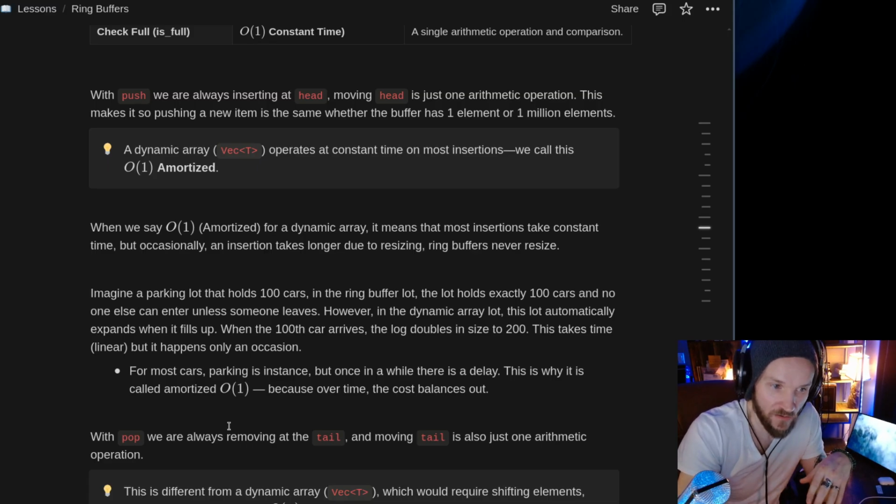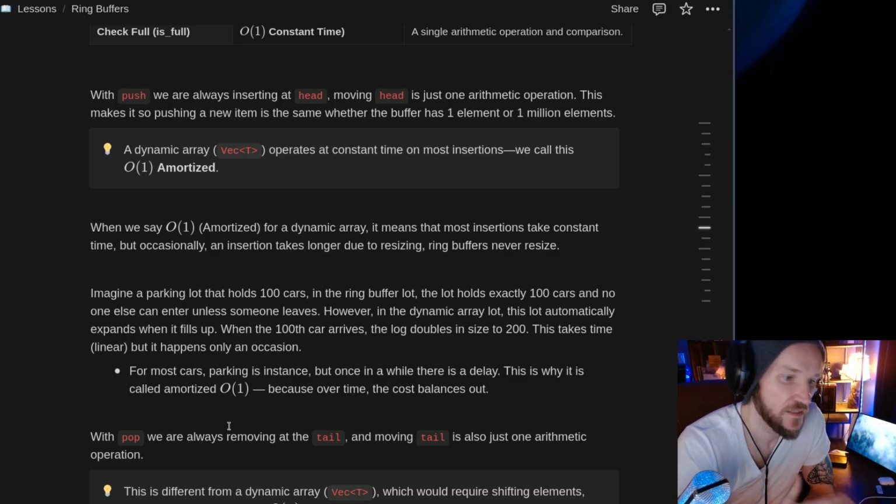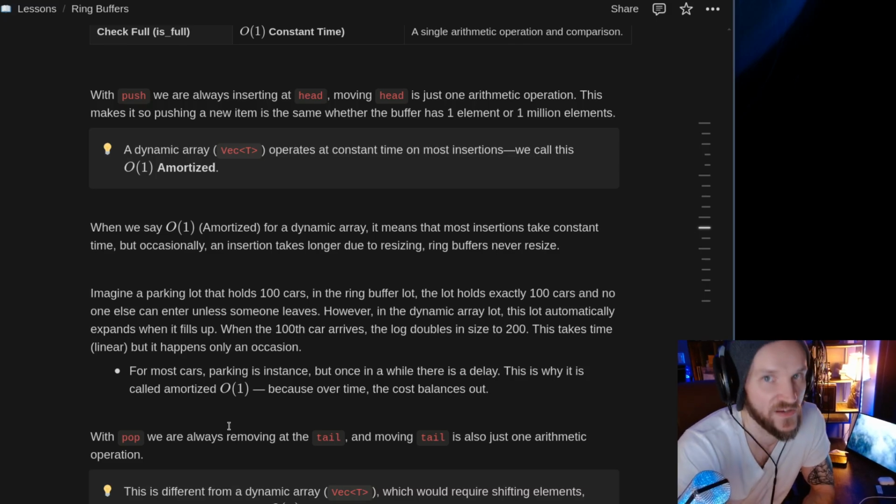When the 100th car arrives, you don't open up 101, right? You double it. And this takes time. It takes linear time, right? But it happens only on occasion, right? So for most cars, parking is instant, but once in a while there's a delay, right? And this is why it's called amortized constant time, because over time the cost balances out, like in finance.